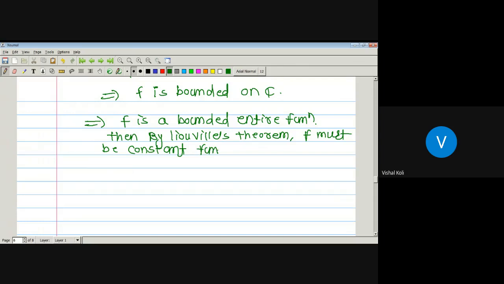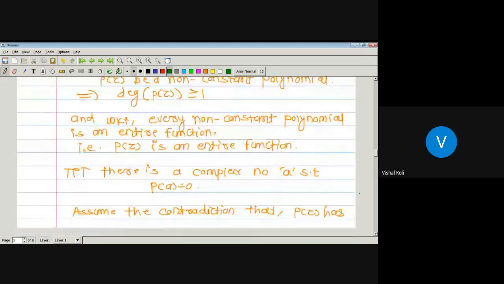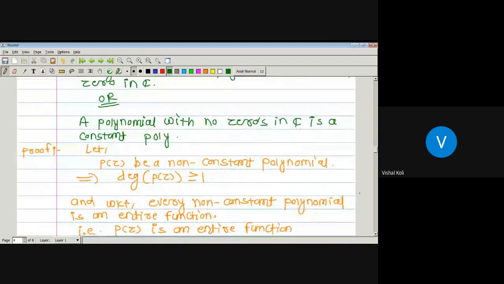But as f is a constant function and f equals 1 by p of z, what is the nature of p of z? Constant. Which implies p of z is also a constant function. But is this possible?